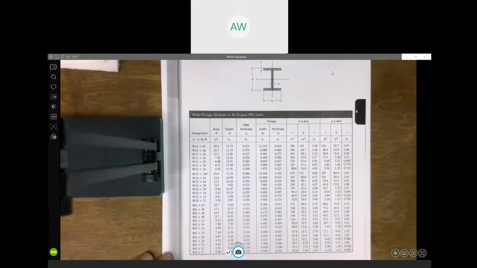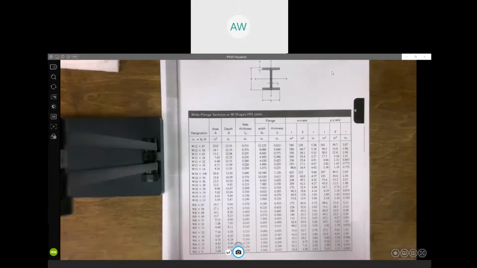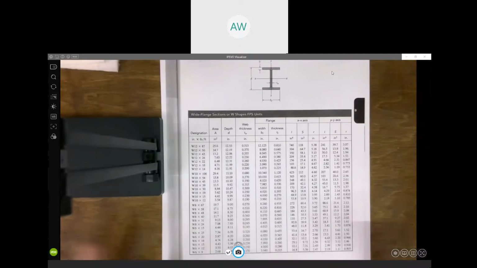So you could call up your steel manufacturer and say, I want a W12 by 87 beam. They've got the molds and forms necessary. They can manufacture these with what they have on hand, and it's cheaper to buy a standard size beam than have one custom made.